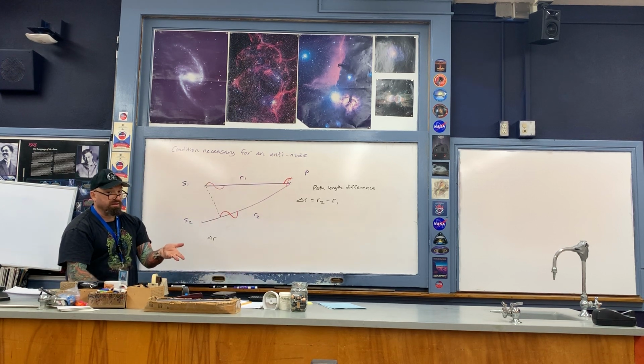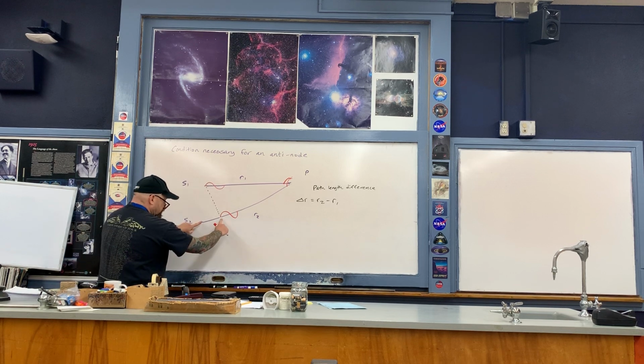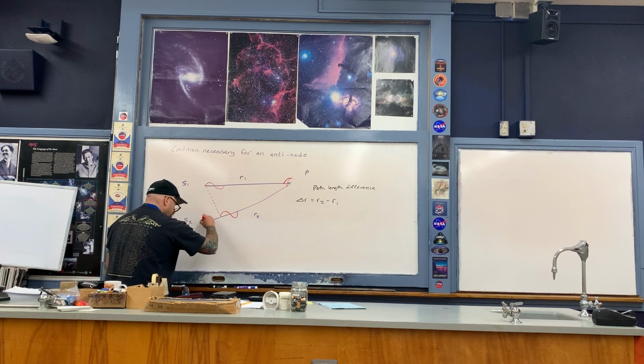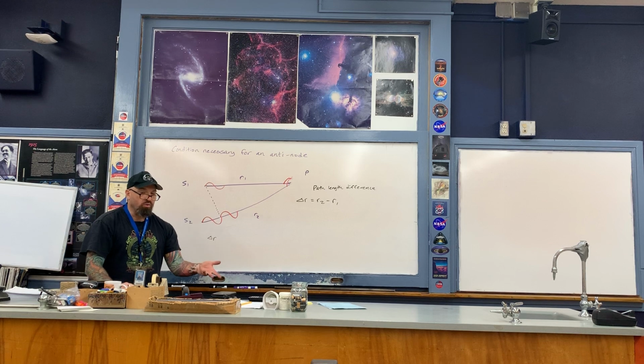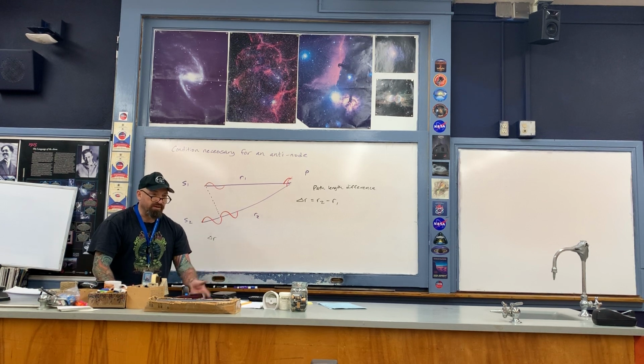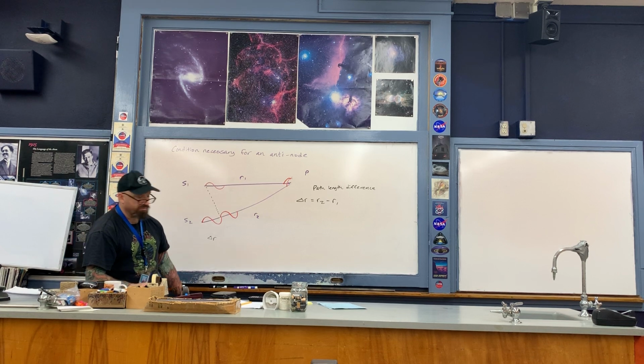Therefore, they constructively interfere. The only way in which this can happen is that right here in the space delta R, we could have the following: a single wavelength, or two wavelengths, or three wavelengths, or four wavelengths, and so on and so on. So then therefore we end up with a little pattern equation here that explains the condition that is necessary to get an antinode at point P.